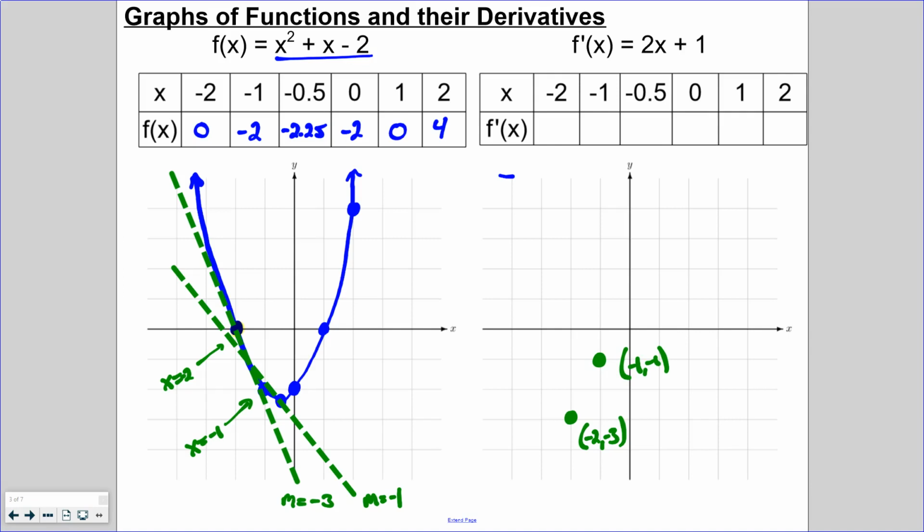And we can continue doing this for the next point, x equals -1/2. I missed that point a little bit, so we'll just move that up. There we go, now we're good. This is a tangent line at a turning point, which we know is going to have a slope of 0. And this is going to be at -1/2, 0.